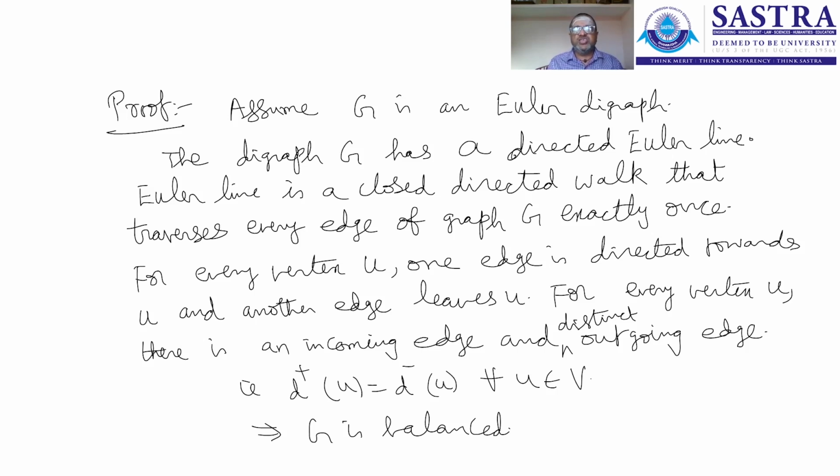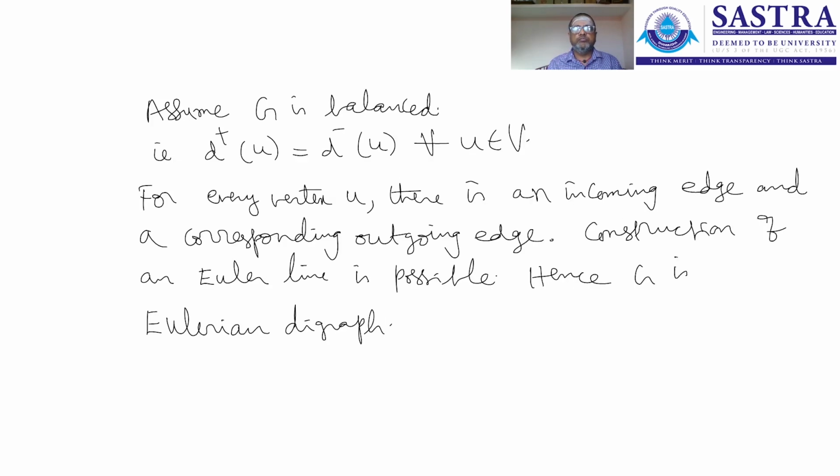If it is the starting vertex, I will have an edge which leaves the vertex, and another edge which comes into that vertex at the end. So naturally, every vertex will have in degree and out degree equal, and therefore I say that the graph G is balanced. So the first part is true.